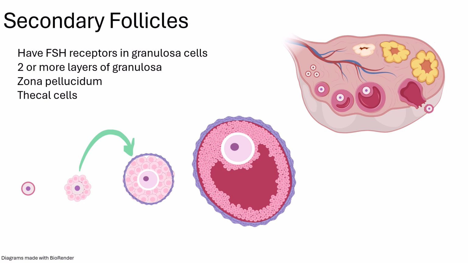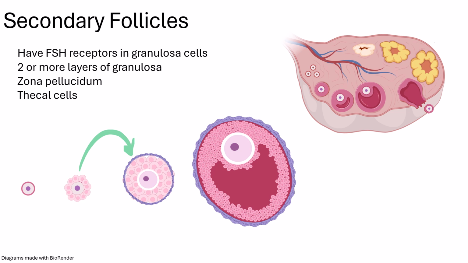As the follicle matures, it develops two or more layers of granulosa cells, and they also proliferate and begin producing really small amounts of follicular fluid, which is going to build up in our follicle. These granulosa cells also begin to express FSH receptors.